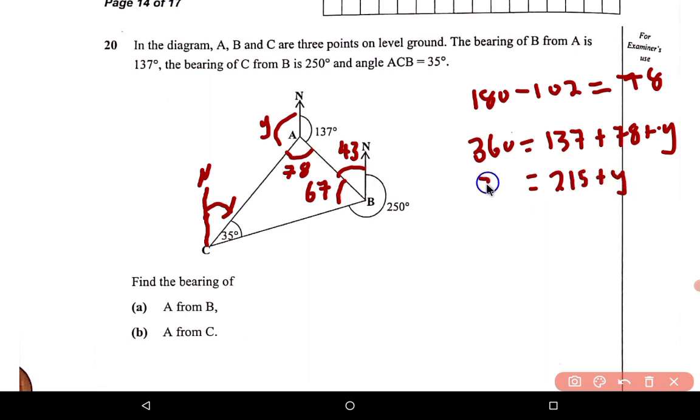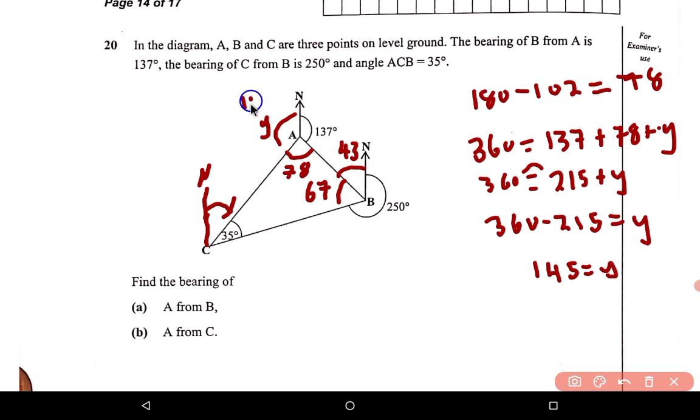So 360 minus 215 is equal to y. So this would be 145. In other words, this is 145.